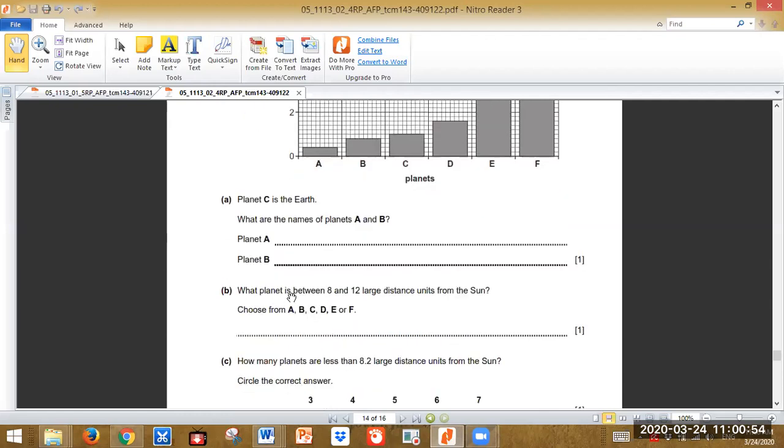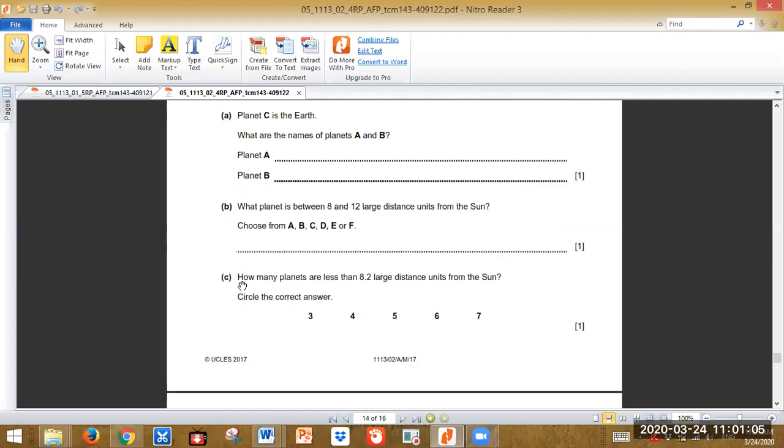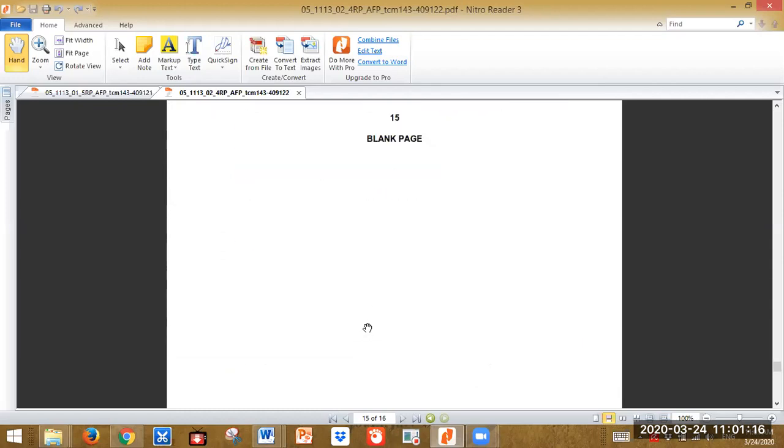What planet is between 8 and 12 large distance units from the Sun? It will be planet F. Question C. How many planets are less than 8.2 large distance units from the Sun? There will be 5 planets.